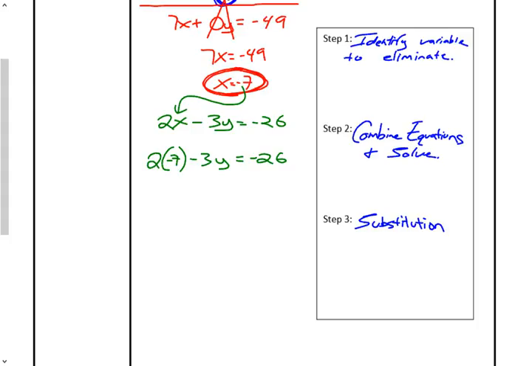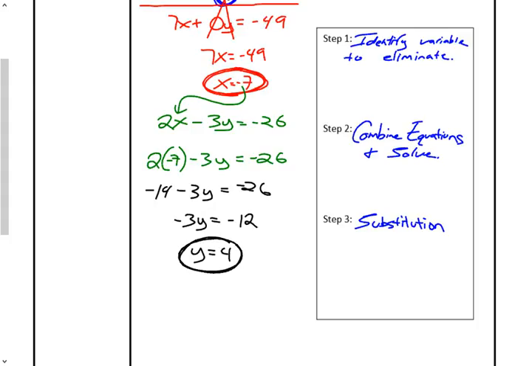And now this is an equation that I can solve. Add 14 to both sides. Divide by negative 3. And there's my solution.